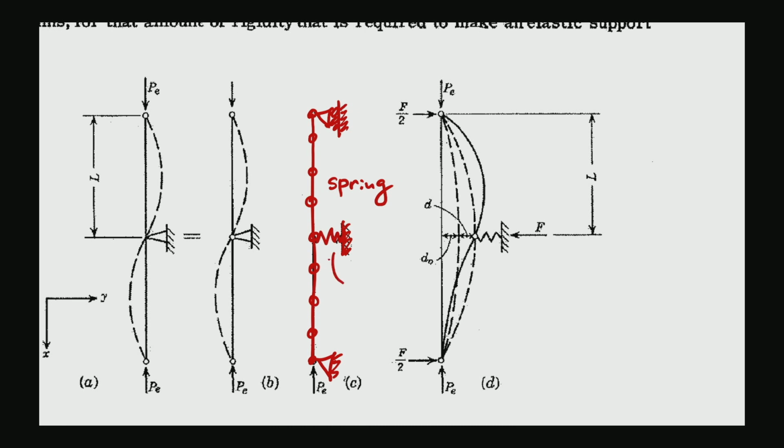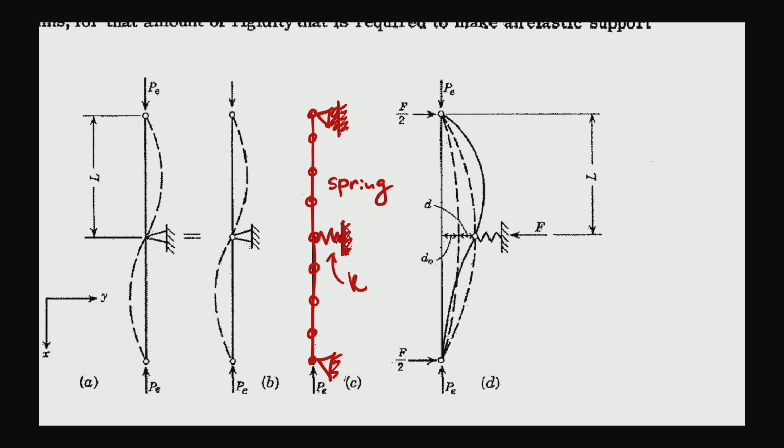And then the K can be varied such that you get the buckling load up to the full buckling. So the K has to be big enough, just big enough.